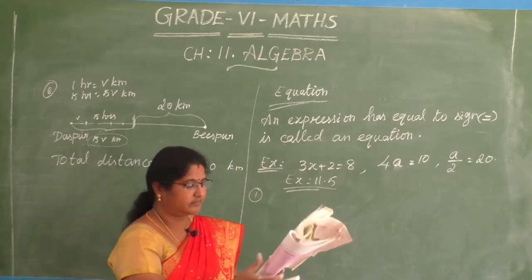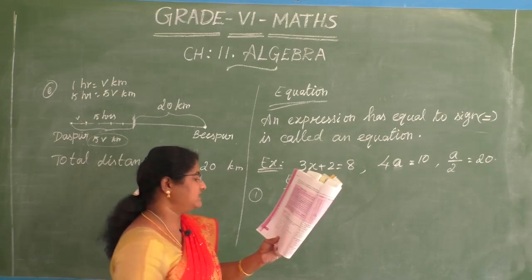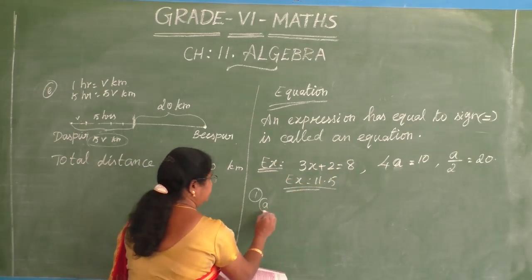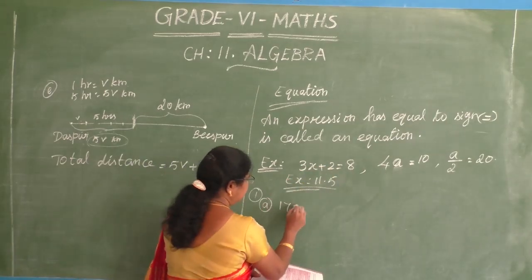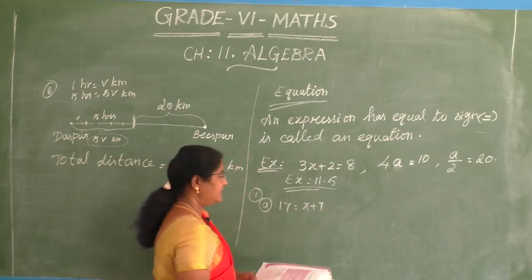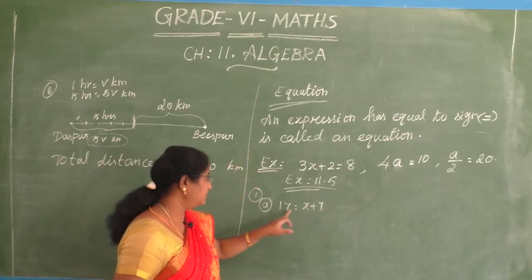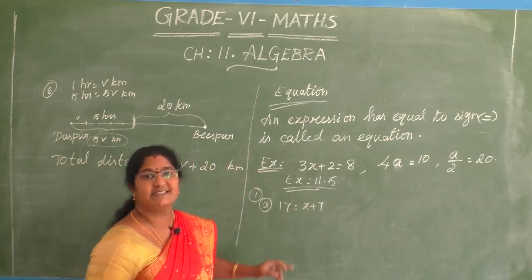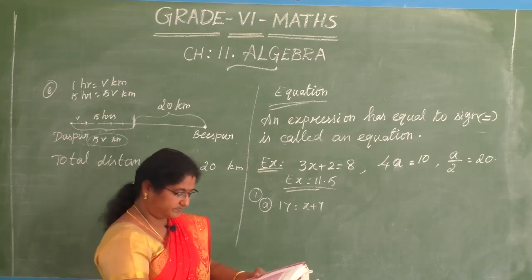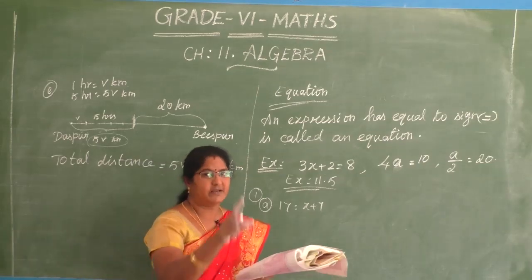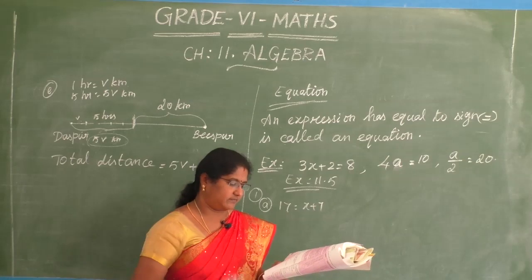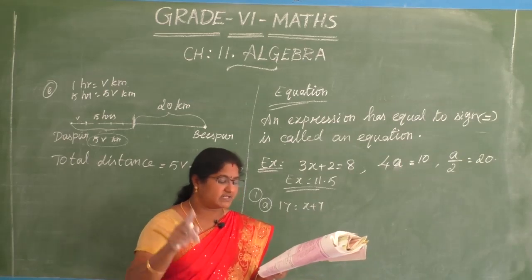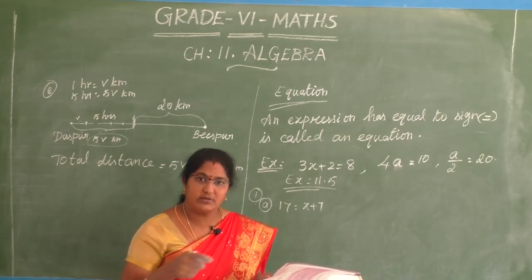First one, A question, that is 17 equal to x plus 7. This has the variable x, and the equal to sign is there. So this is an equation. Next, B, no, because it has a greater than sign. Next, C, 4 by 2 equal to 2.